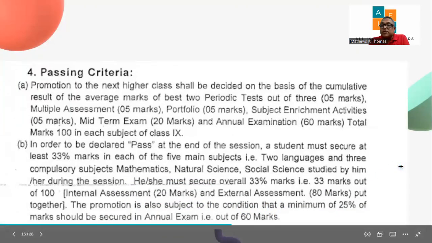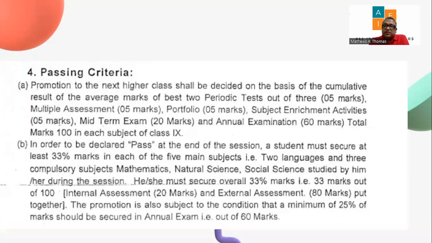So 25% is mandatory. Earlier, let's say a student was given 20 out of 20 in internals. The student required only 13 marks to pass, because 20 and 13 is 33, as is happening in the present boards. But from 2023 onwards, that rule is going to change in class 9. It states that overall 33% has to be scored.